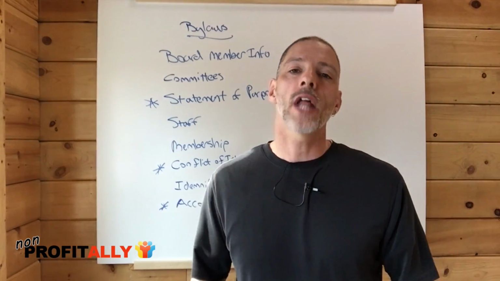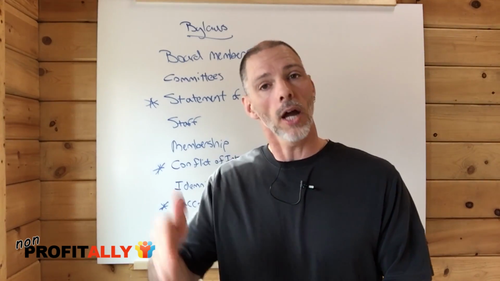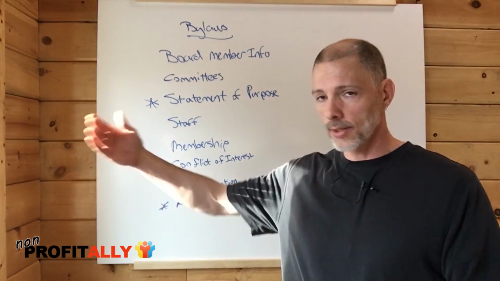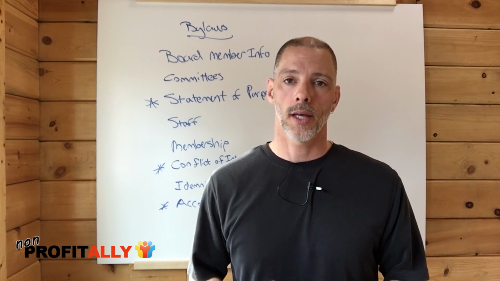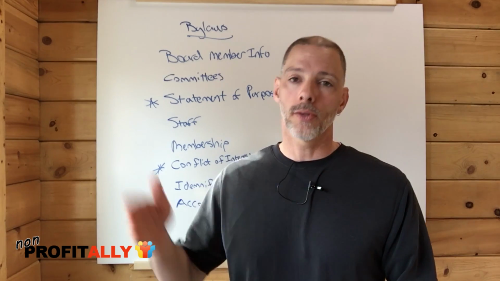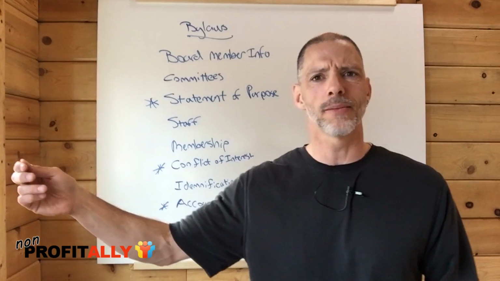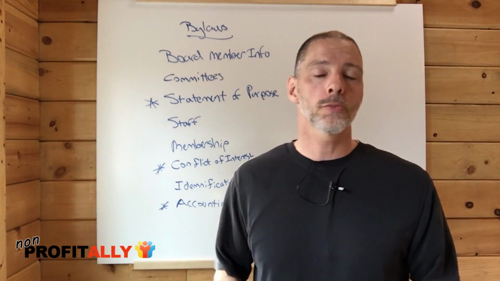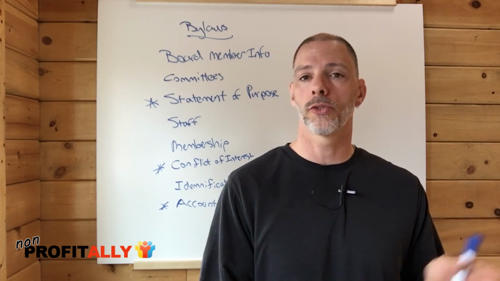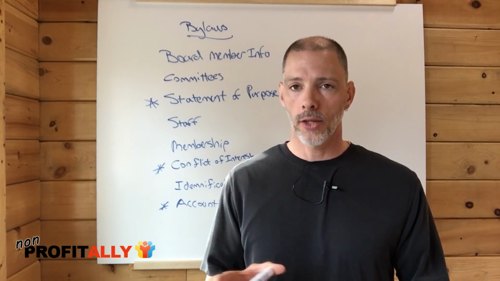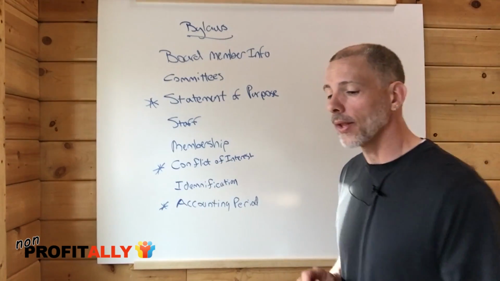You could have a fiscal year that starts July 1st and ends at the end of June. The nonprofit I started has a fiscal year from April 1st to the end of March, March 31st, and we did that for a specific reason. So you can do that. You don't have to have a fiscal year that goes from January through December, but in either case, just state it. It's a one-liner, and again, that's in the sample bylaws.